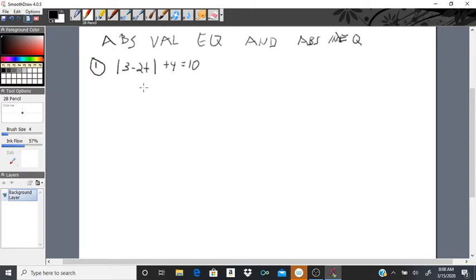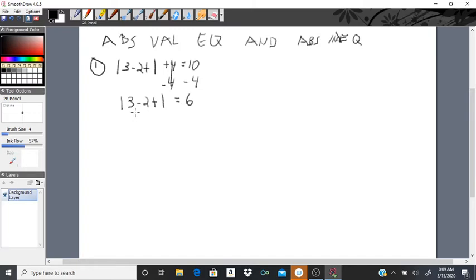It's going to work pretty much like equations to a certain extent. But what I need to do is get the absolute value completely by itself. So I can't have that plus 4 there. I've got to get rid of the plus 4. So I do minus 4 on left, minus 4 on right. This is gone. And now I've got the absolute value bars completely by themselves on the left-hand side, equals 6.